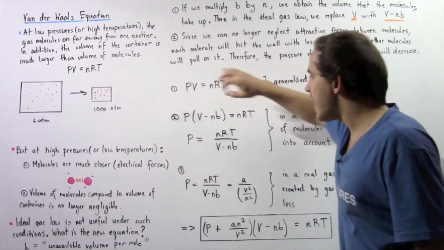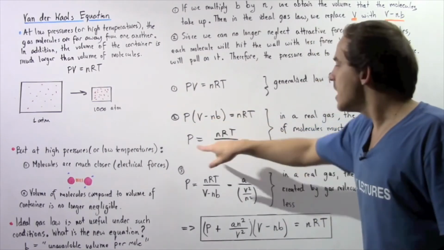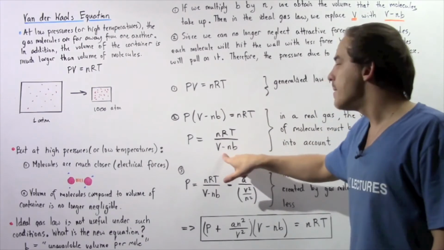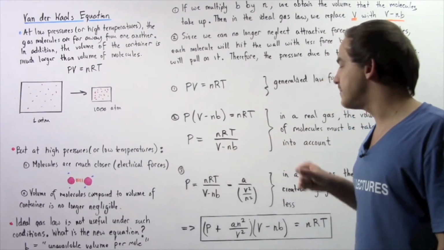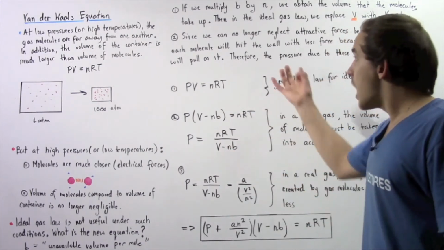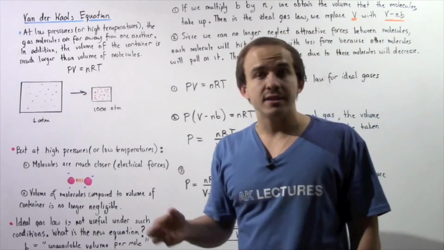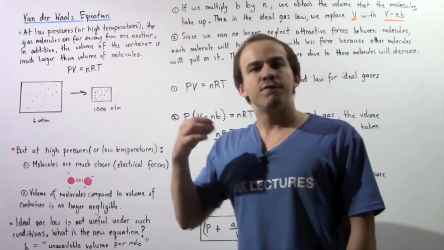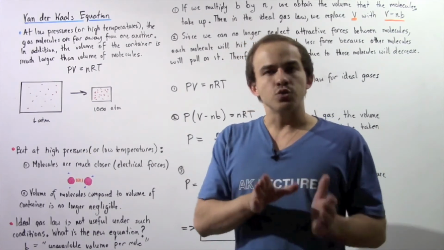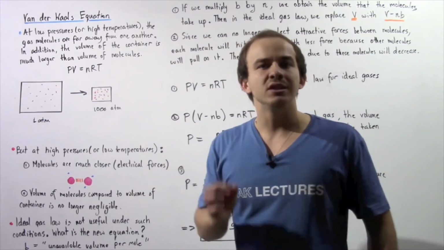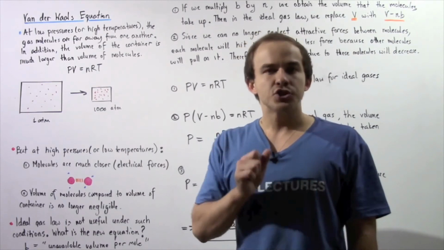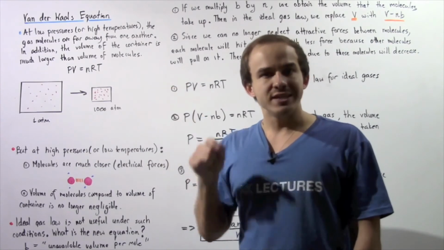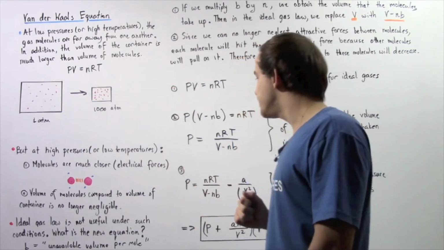Let's take this equation and solve for the pressure. Pressure is equal to nRT divided by V minus nb. Notice I just said that because the electrical forces are no longer neglected, the force that the molecules will hit the container with will be less, and because pressure is equal to force divided by area, the force will decrease and the pressure will also decrease.